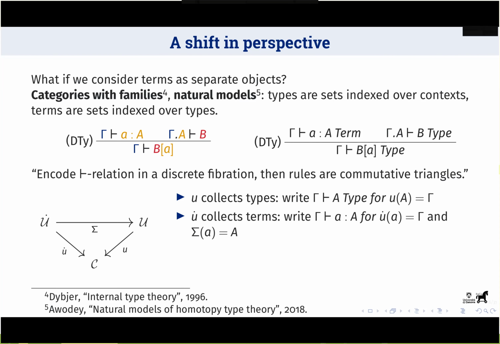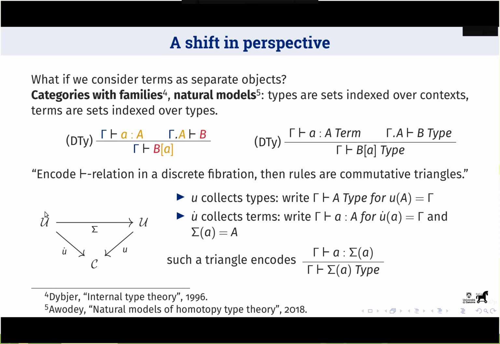So why triangles? Well, if we want to relate fibrations, then we're going to need morphisms of fibrations, so in particular they're going to be special triangles. If we try to read a rule into such a triangle, and why would we want to read a rule?